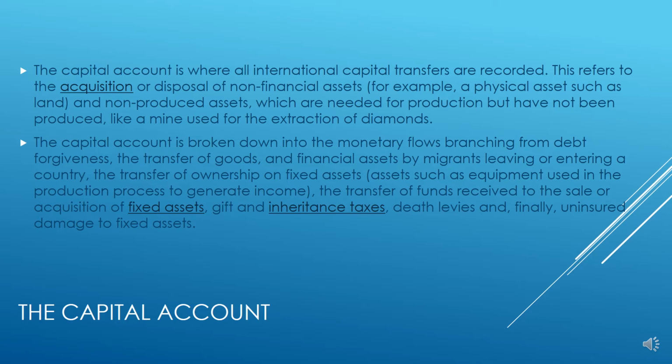So the capital account is broken down into monetary flows branching from debt forgiveness, the transfer of goods and financial assets by migrants leaving or entering a country. So the transfer of ownership on fixed assets such as equipment used in the production process to generate income, or the transfer of funds received from the sale or acquisition of fixed assets, gift and inheritance taxes, death levies, and finally uninsured damage to the fixed assets.